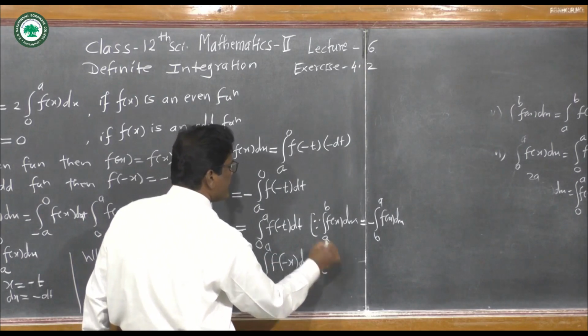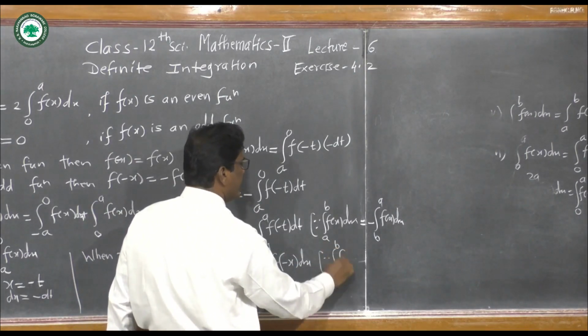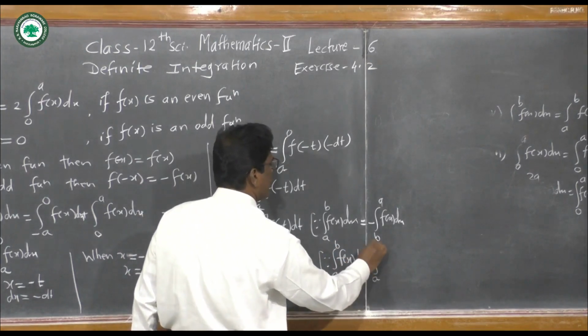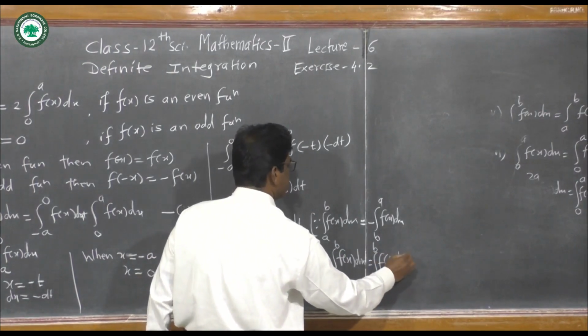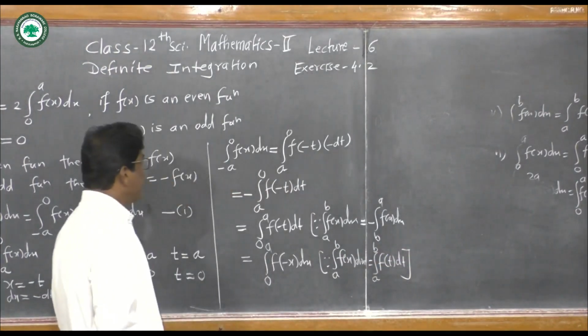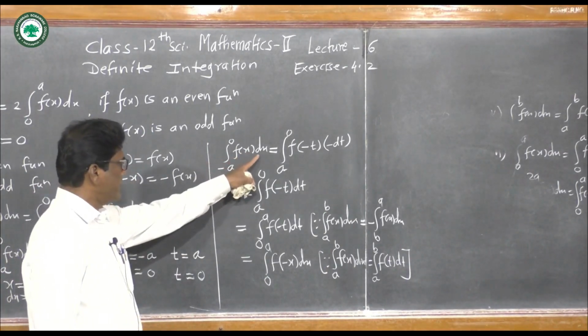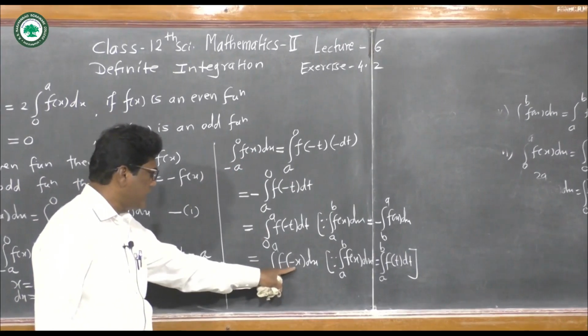And for this we use the third property, that is integration from a to b f of x dx is equal to integration from a to b f of t dt. And so we get integration from minus a to 0 f of x dx as integration 0 to a f of minus x dx.